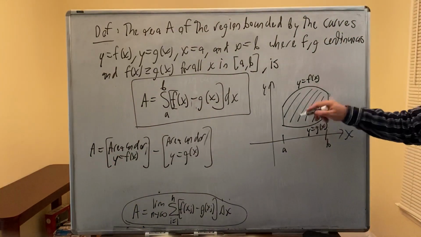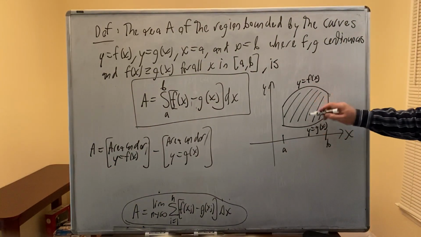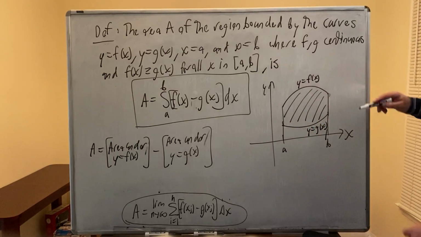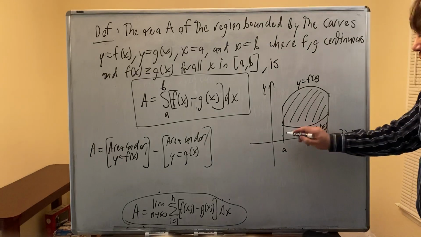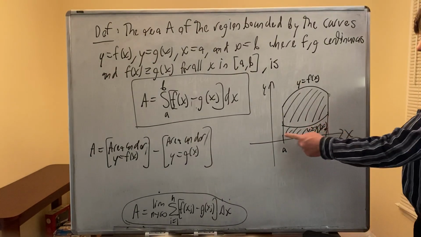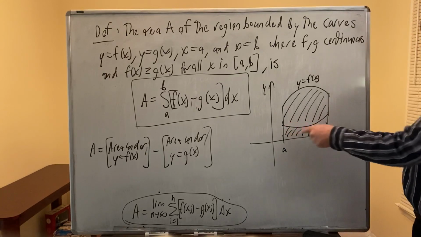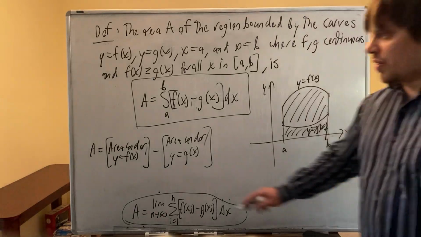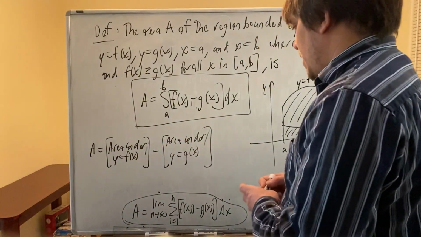Because if you took this region, right, if you want the area A, capital A of the shaded region, you could take the area under y equals f of x, right? But you would be including this, and you don't want to include it. But then when you subtract the area under g of x, you'd be subtracting the extra part you added, and you'd be left with just this region. And so capital A is that minus that.